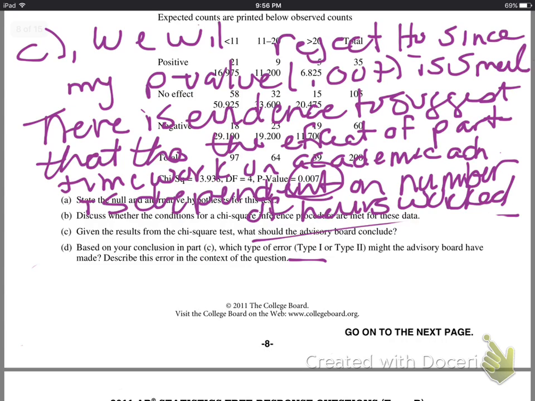So the error would be that they decided that there is an effect between their academic achievement and the number of hours that they worked, when in fact there isn't any effect on it. All right.